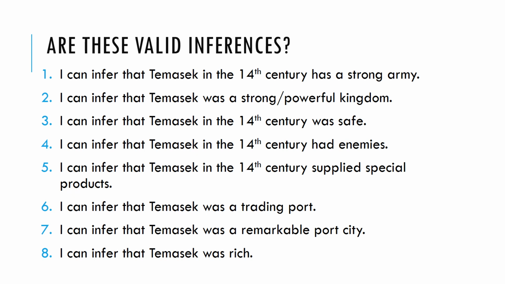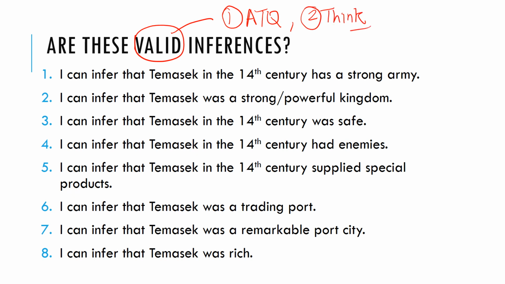I hope you spend some time thinking about whether or not these are valid or invalid. So before we even begin, let's break down the word valid first. What makes an inference a valid inference? In order for it to be valid, number 1, it must answer the question. It must be about Temasek. If not, it's not considered a valid inference. And the second requirement, it must be something that we think.